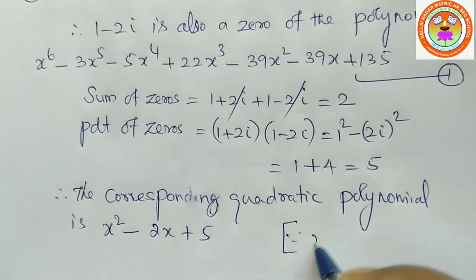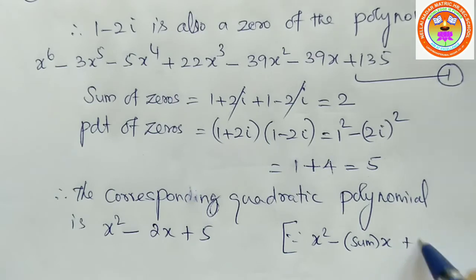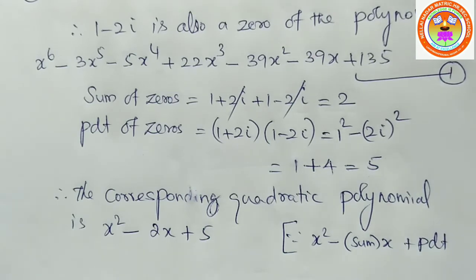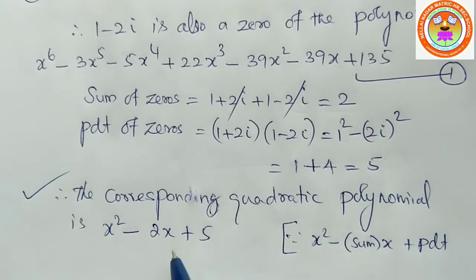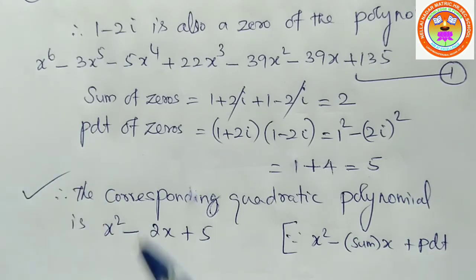The reason is x square minus sum of zeros into x plus product. This is one factor polynomial, since from the first zero we got one polynomial.